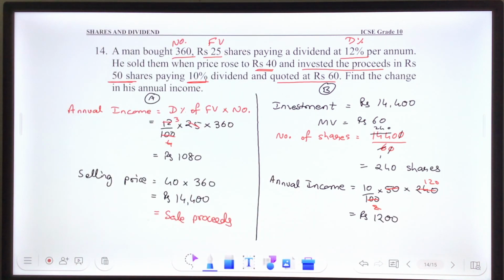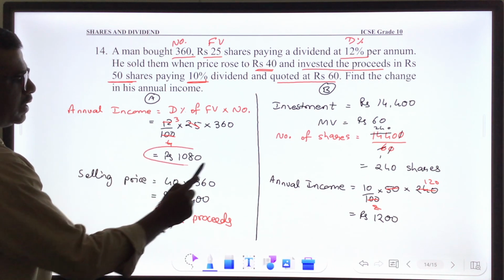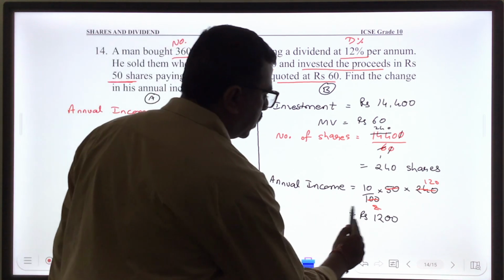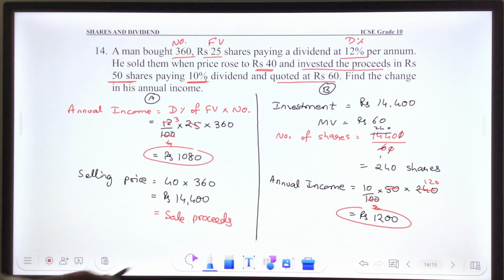Now to find the change in annual income: in company A, annual income is 1080 and in company B, annual income is 1200.